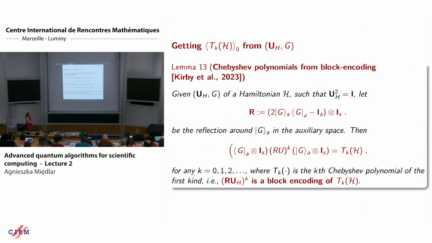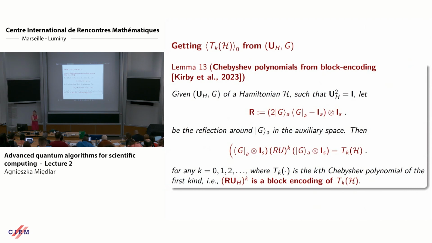And then you can get the block encoding of your kth Chebyshev polynomial using the same idea, the idea of qubitization. You remember there was this R, and this should be UH to the power k, and if you did that, you get essentially in the corner the evaluation of the Chebyshev polynomial. So this object is a block encoding of this. And this is what we have seen in qubitization.